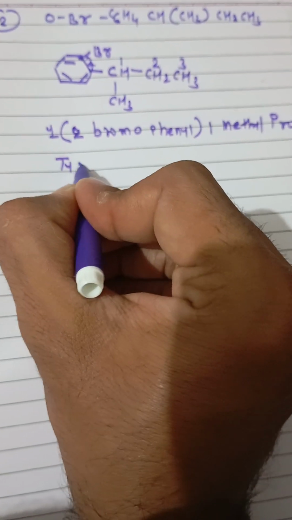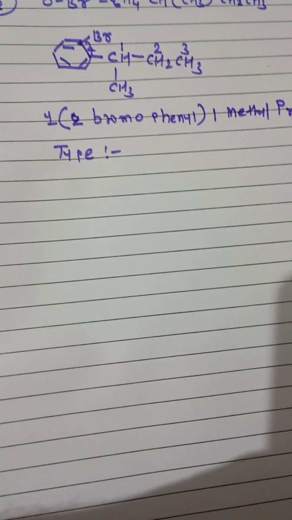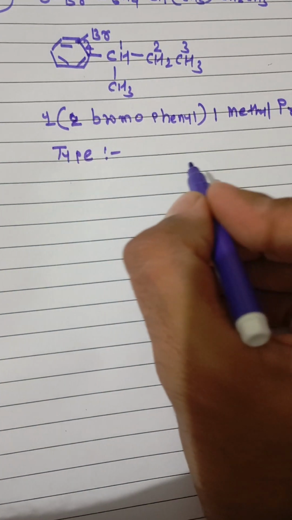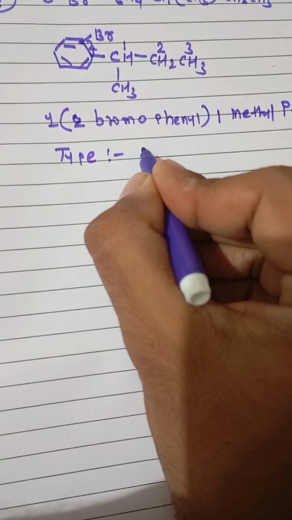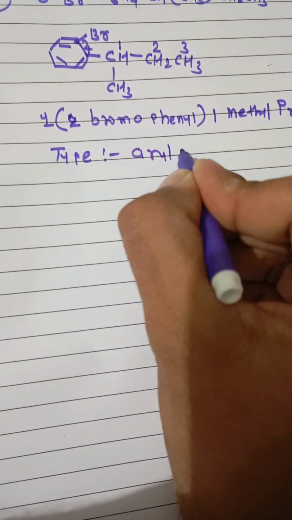And the type: bromine is attached directly with the benzene ring, so it is called aryl halide.